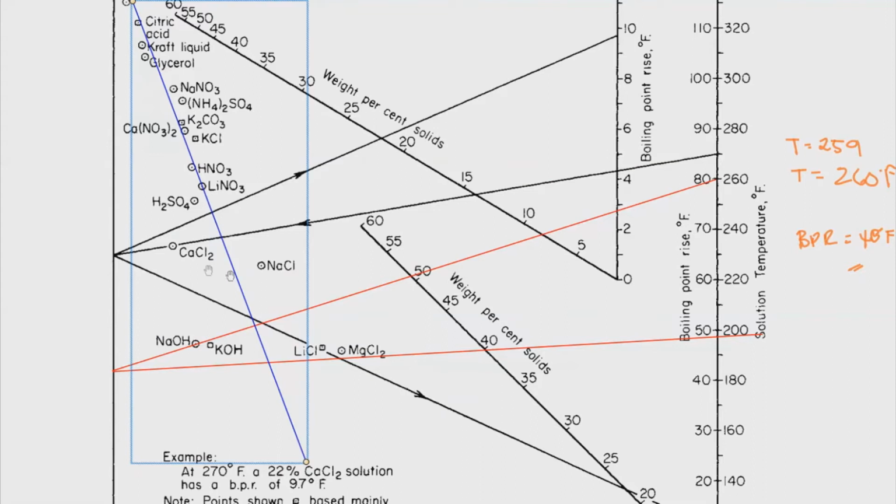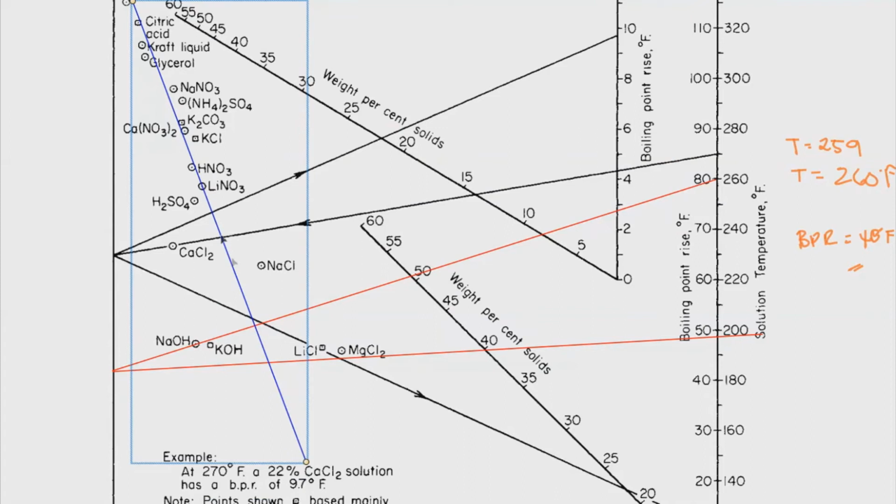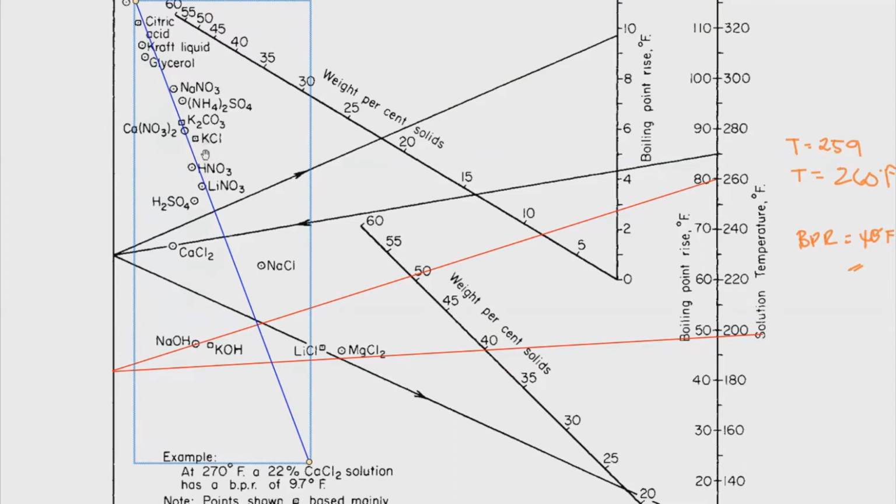But how about for this calcium chloride, sodium chloride, and this sodium hydroxide? They're actually quite far from this line, so you couldn't be using that for those expressions that we have. But as you can see before, when I tried to solve for a value using this equation, KCl, I think that's KCl, because KCl is kind of close to this line, as well as this sodium chloride, I think.